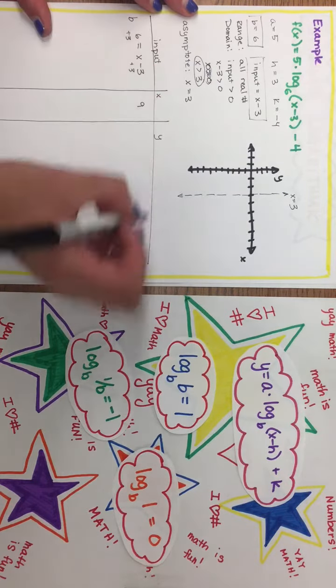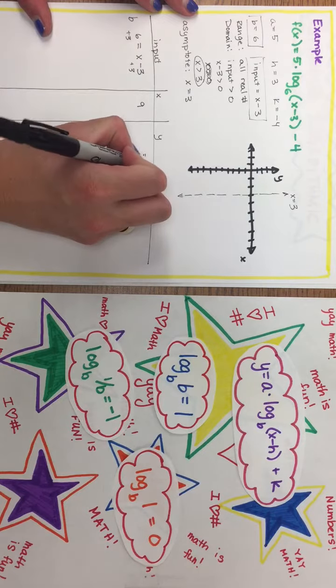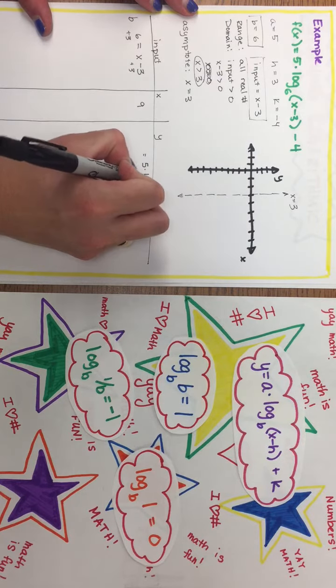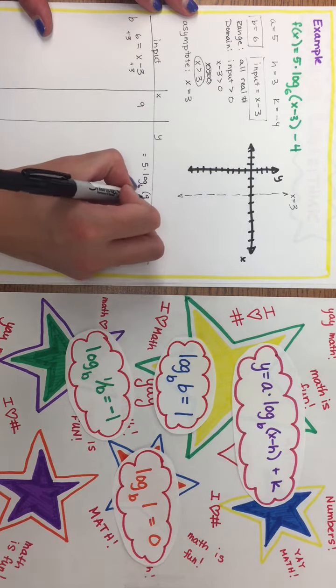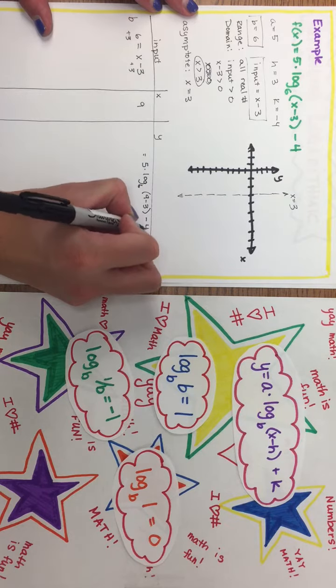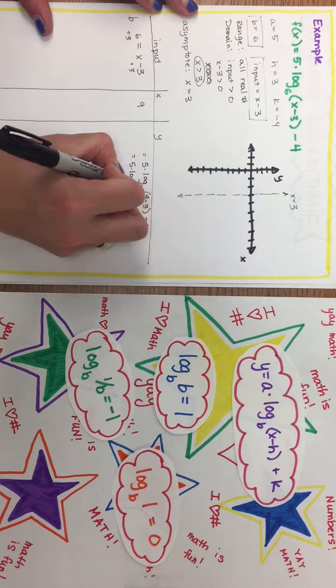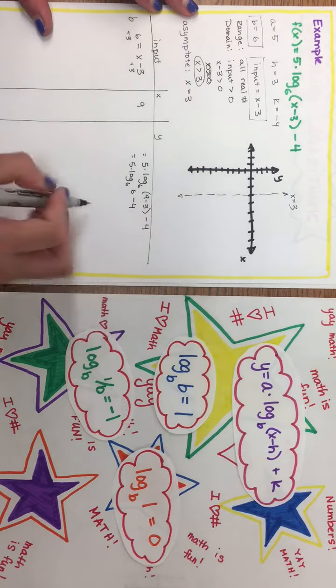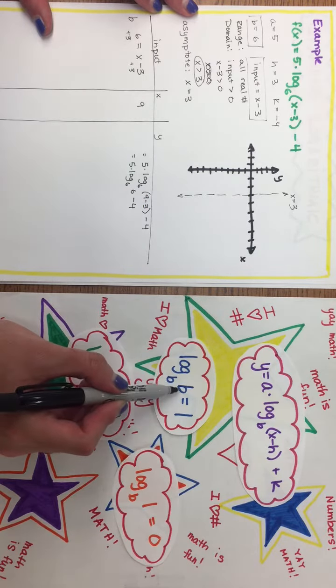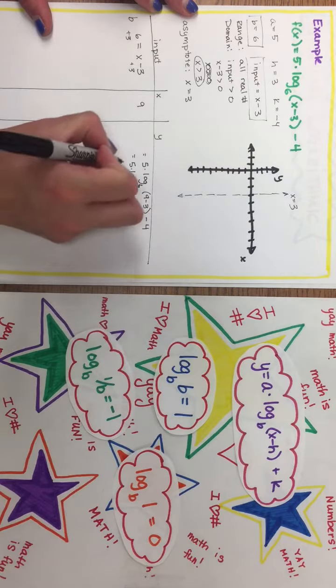If I input 9, I get 5 times log base 6 of 9 minus 3, minus 4. So that is 5 times log base 6 of 6, minus 4. Log base 6 of 6 is equal to 1.